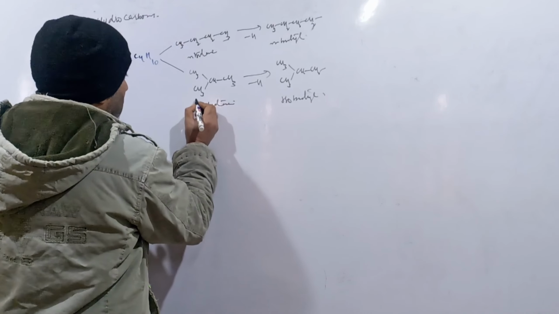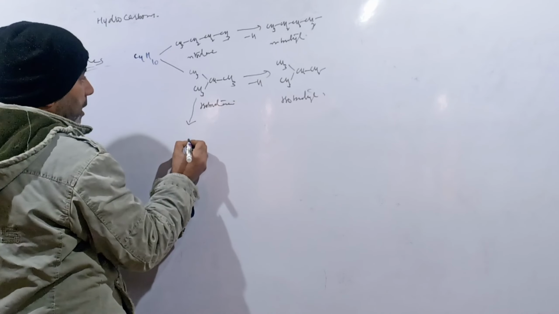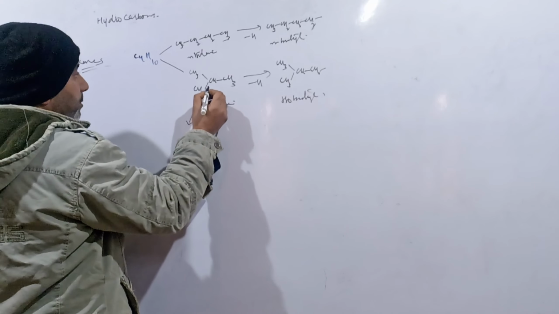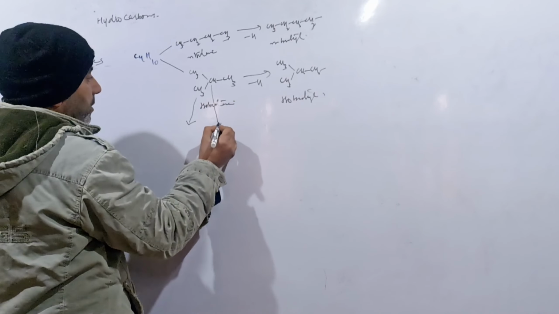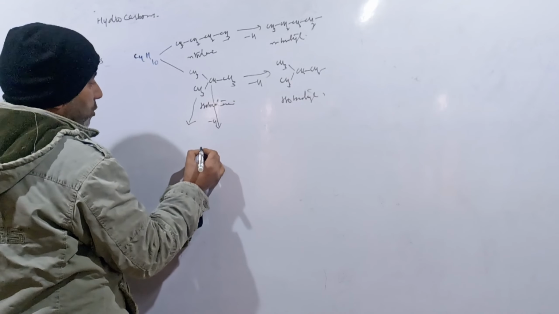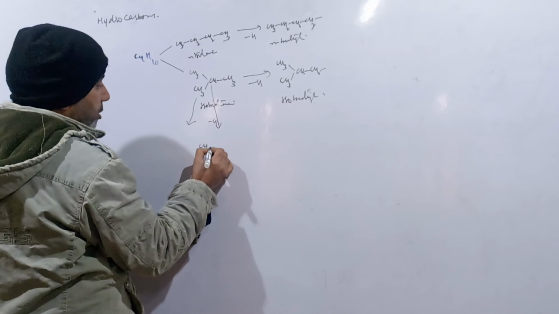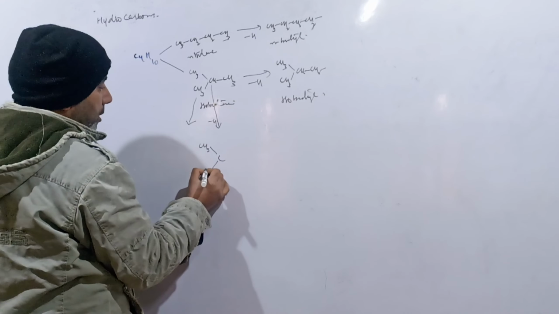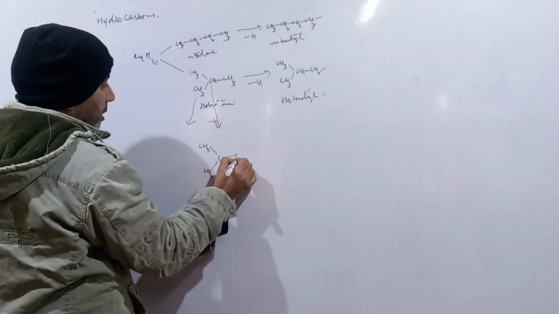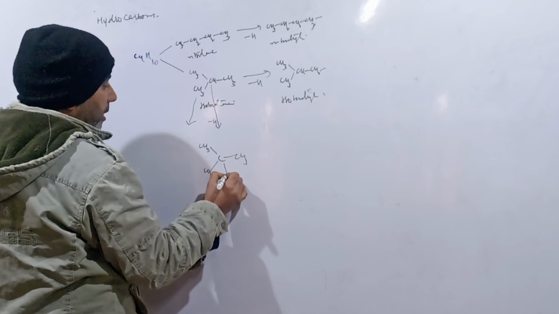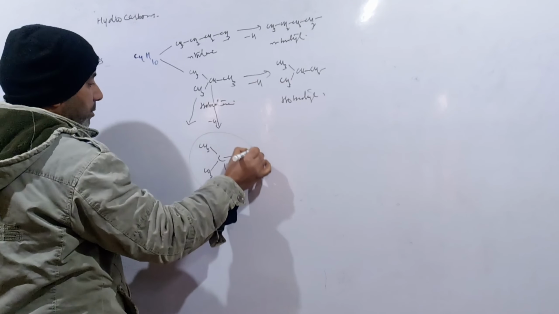And this isobutane can further have a hydrogen subtracted from the central carbon atom. When we subtract this hydrogen, it becomes CH3, C, CH3, CH3, with a single bond.